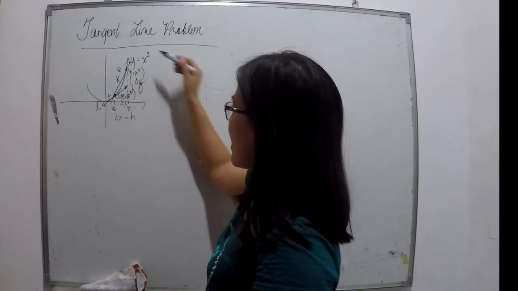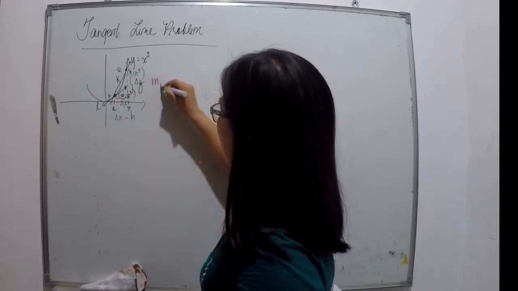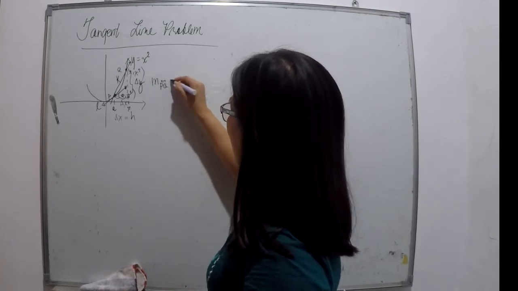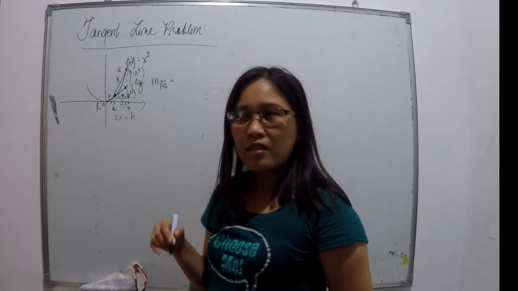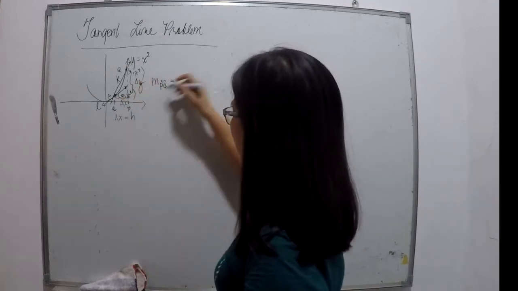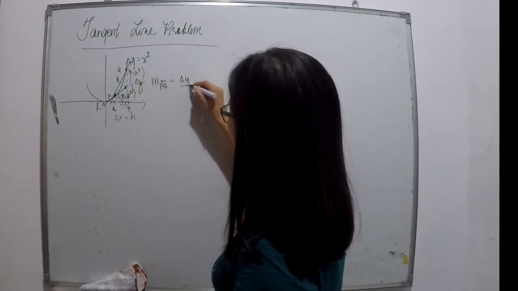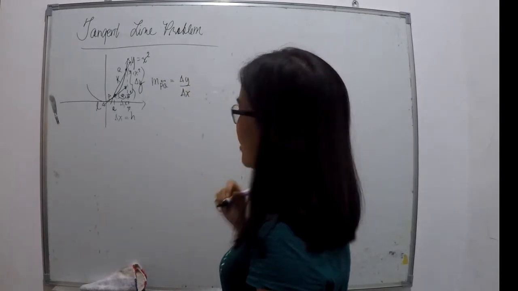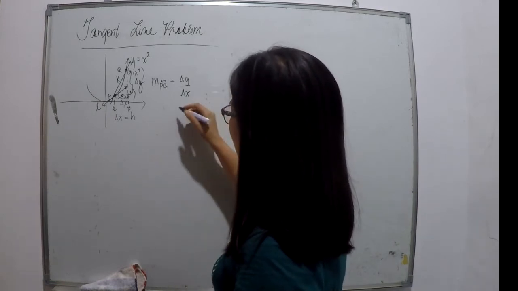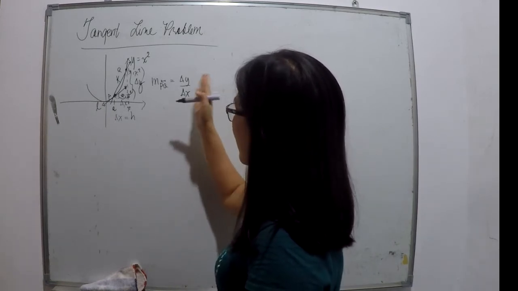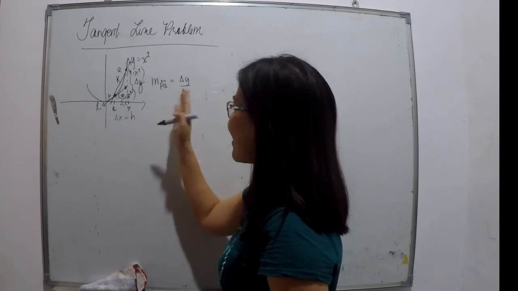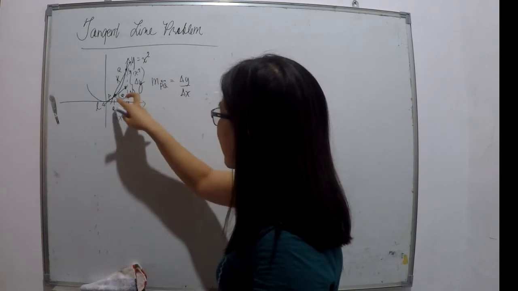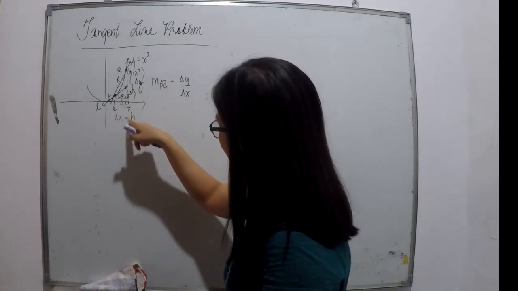The slope of the secant line is actually delta y over delta x. So delta y, the change of y, over delta x is the slope of the secant line.